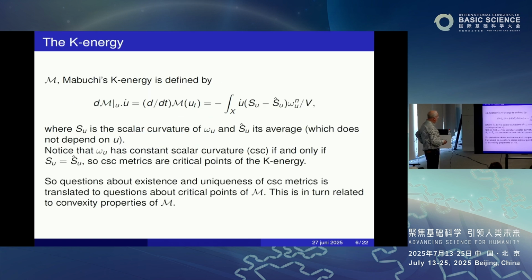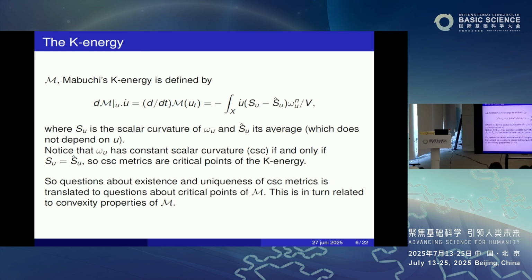Now, Mabuchi's K-energy, which is the main actor in the first part here, is defined by saying that the differential of M should be given by this, u dot, the integral over there, where S is the scalar curvature of the metric omega_u. So again, you have to prove that this really defines a function. And S hat is the average of the scalar curvature.